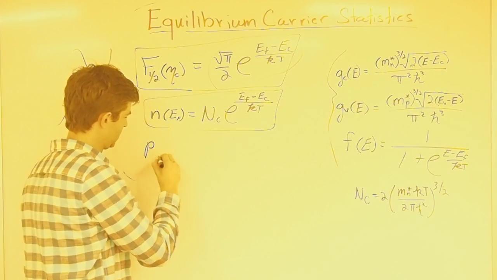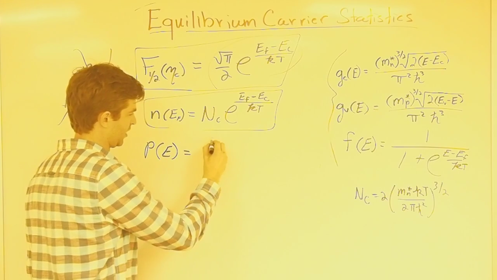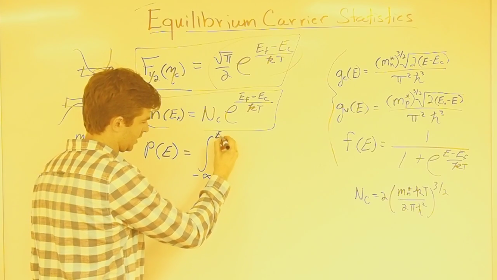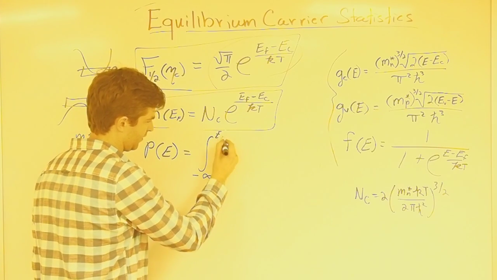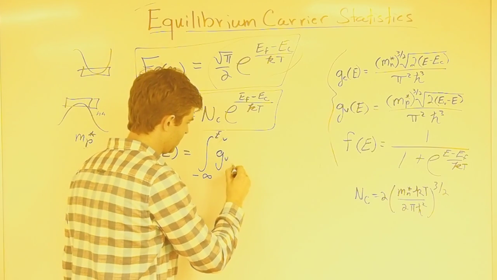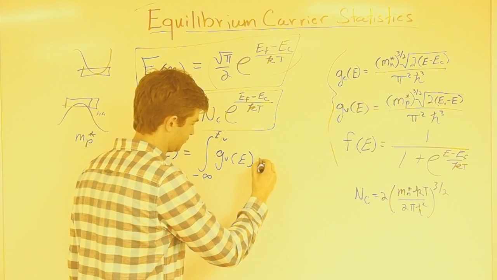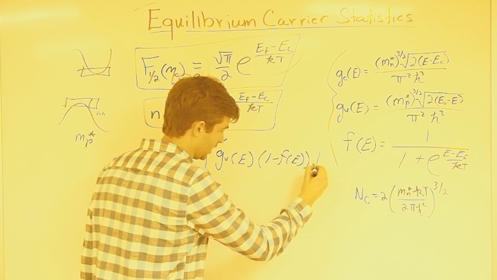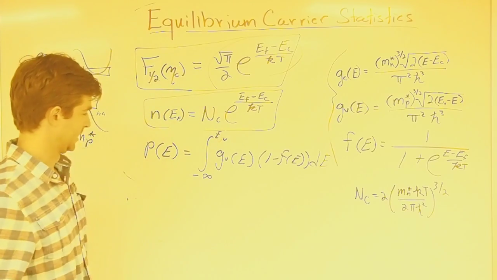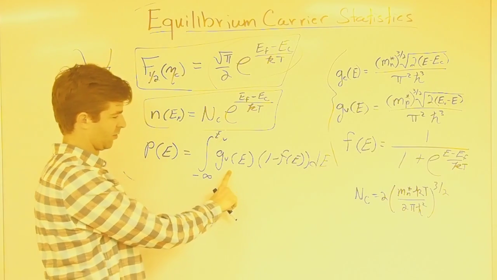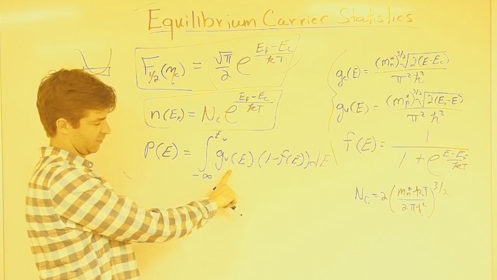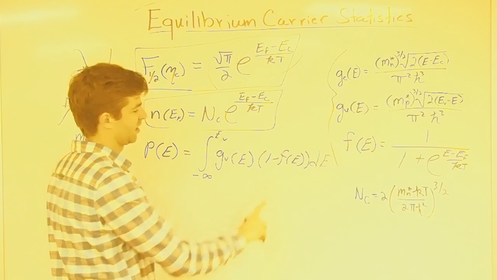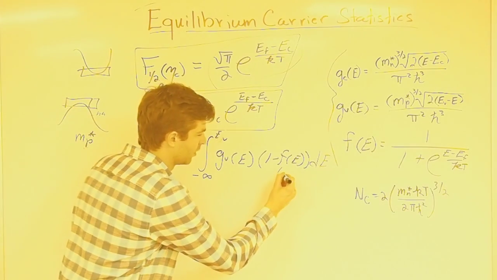Well, p of E is just going to be equal to the integral from negative infinity to E_V, the valence band edge, of g_V of E times 1 minus f of E dE. Right? That's the number of available states in the valence band times the probability of a state in the valence band not being occupied. This is basically what a hole is right here.